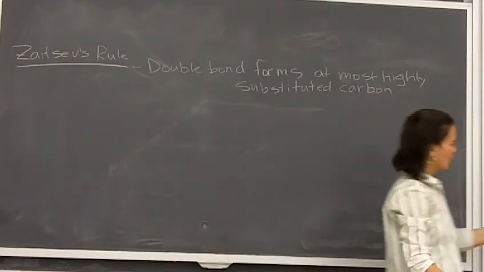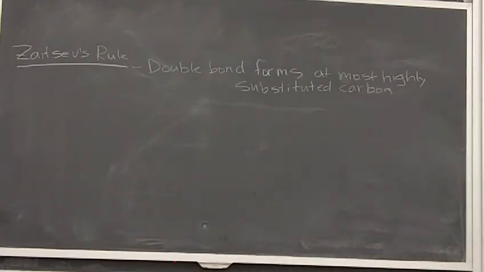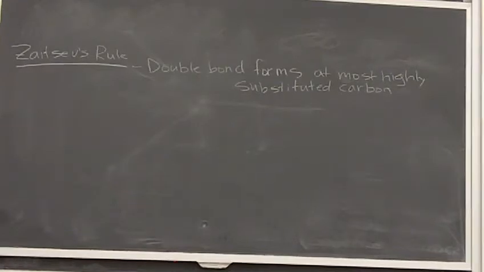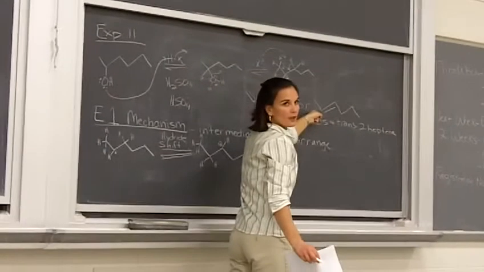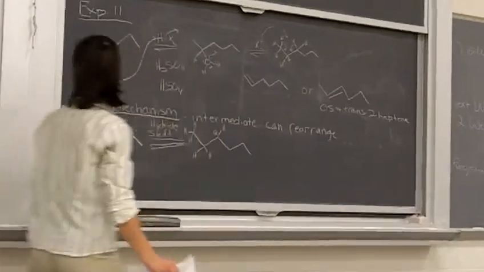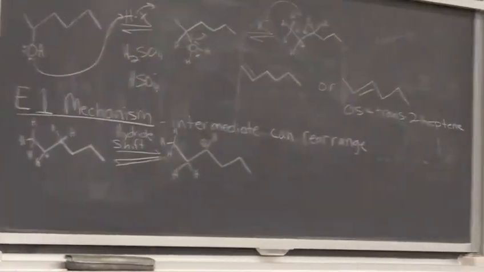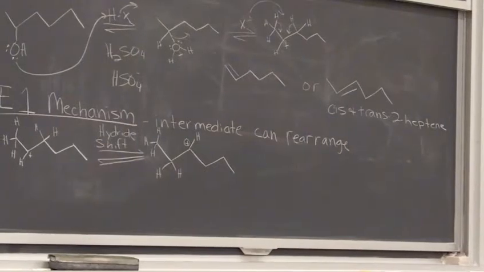So here, we really don't have a difference here. This was an equivalent hydride shift. We're going to get a secondary alkene, secondary alkene, but here, having this terminal alkene would not be favored over this alkene, right? And so that's Zaitsev's rule. It's just talking about the most highly substituted carbon where that double bond is going to form.